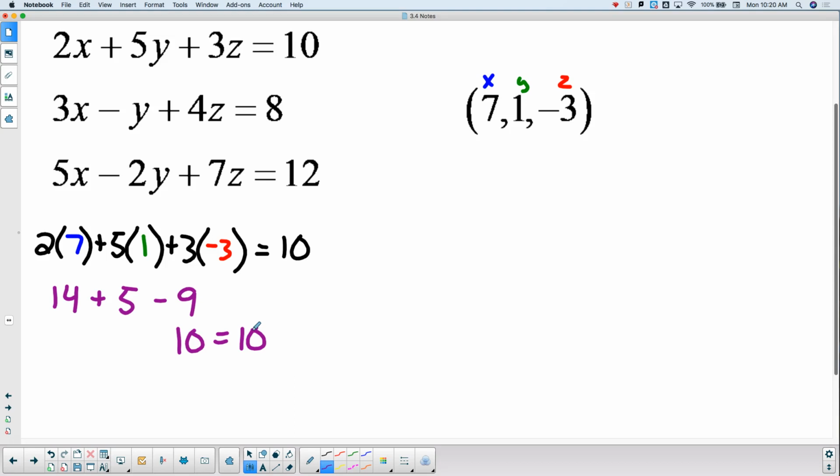You gotta check them out, because it could work in one of them, but not the other two. Okay? Or it could work in 2 of them, but not the third one. So I got to check them all. Okay?